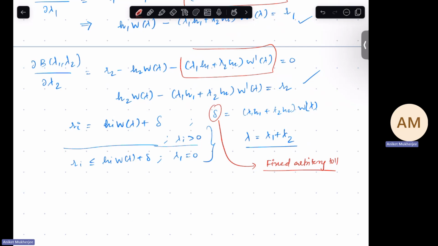Each customer of class i takes W(lambda) as given and chooses the probability a_i of joining to maximize: a_i times (R_i minus H_i W(lambda) minus delta) plus (1 minus a_i) times 0. So 1 minus a_i is the probability of him not joining.